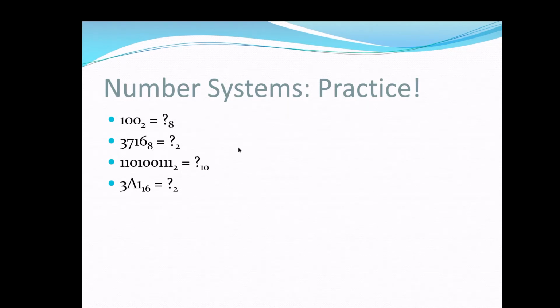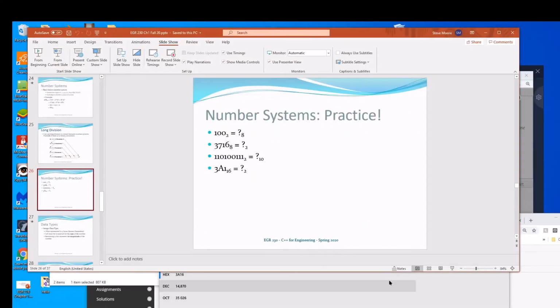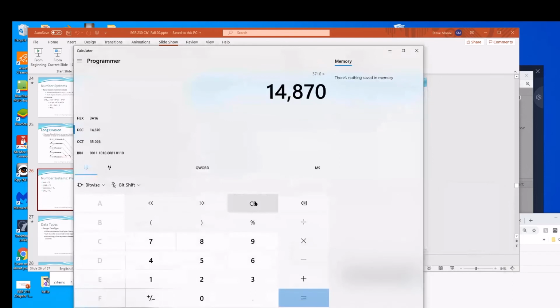If we go back to the calculator, I'll show you that. Clear it, and we put this in. We are in base 8, octal. I'm going to put the number in: 3, 7, 1, 6. If you take it 3 bits at a time, the first 3 digits are 0, 1, 1.